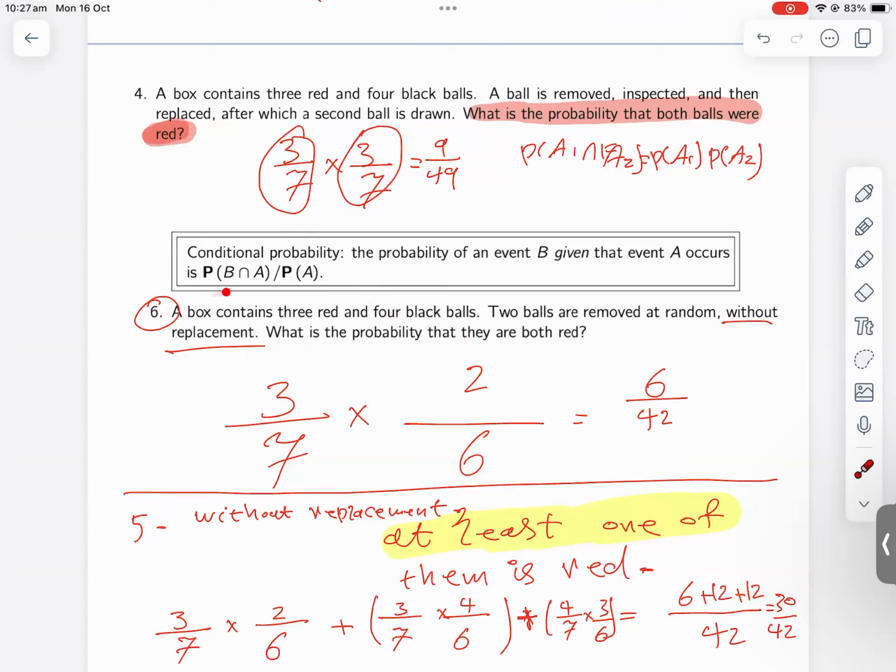So the box contains only 6 of them because we removed one, and one of the red has been removed. So we now have 2 red. So the probability of the second ball being red is 2 over 6. So we multiply them by the multiplication principle. So we get this answer, which is different from this answer.